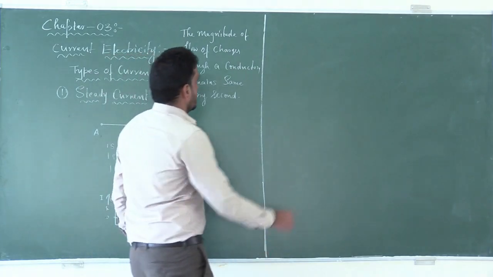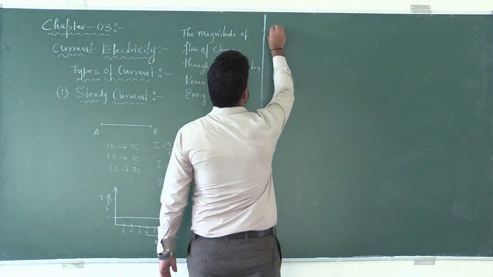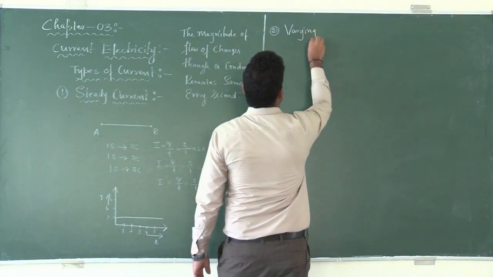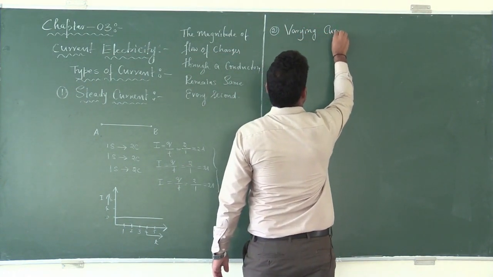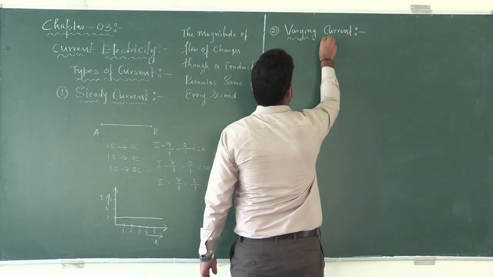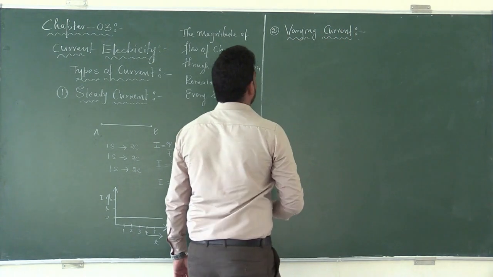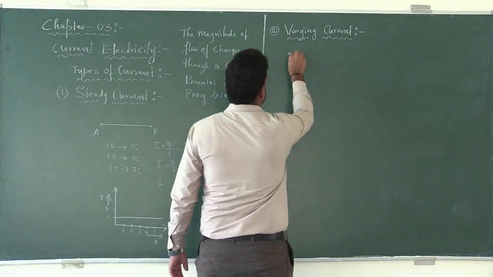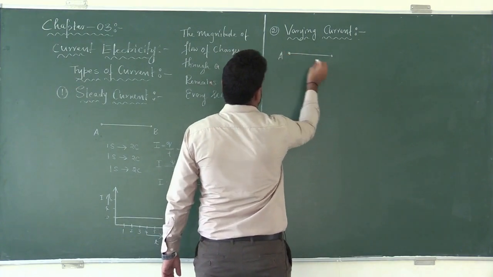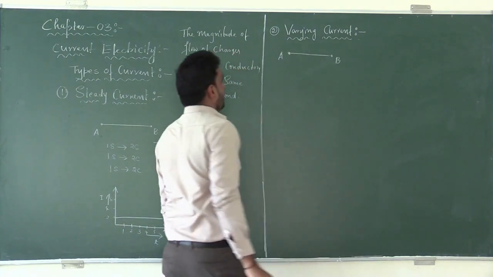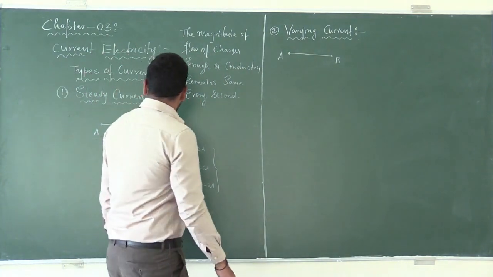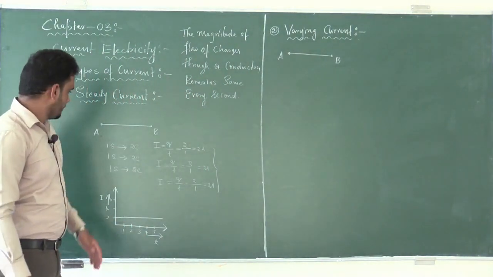Move to the next type, that is varying current. Here also I'll consider a metallic wire or a conductor with ends A and B. The same procedure I will follow.